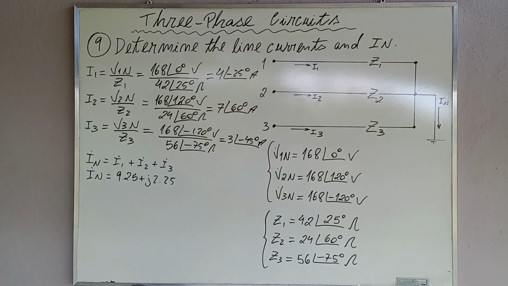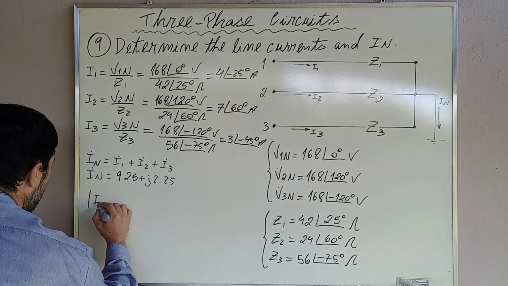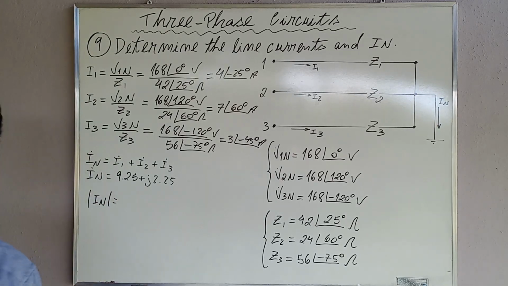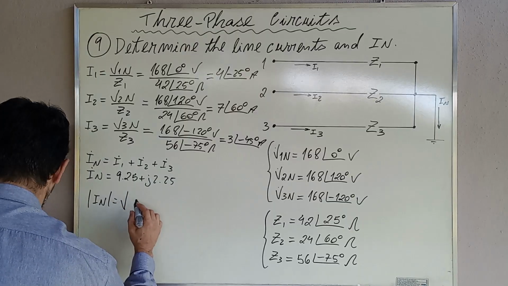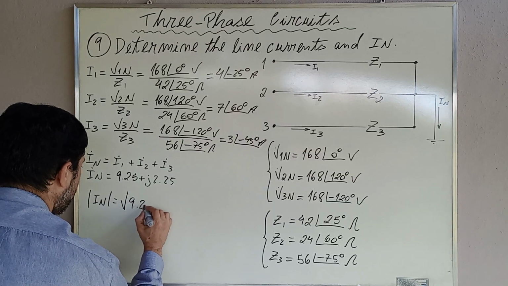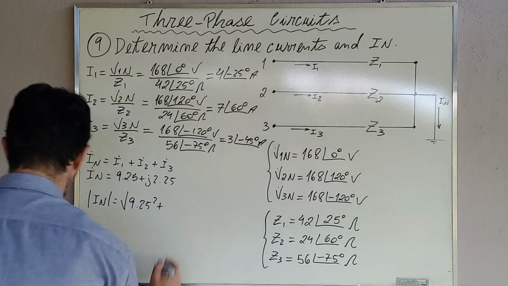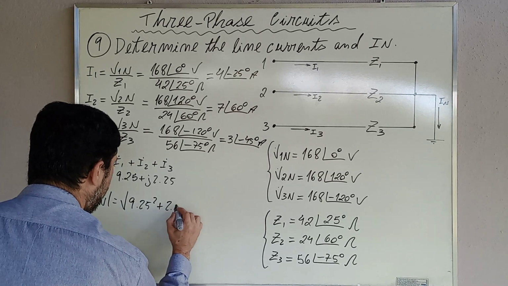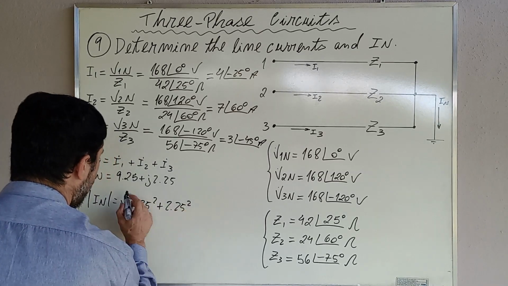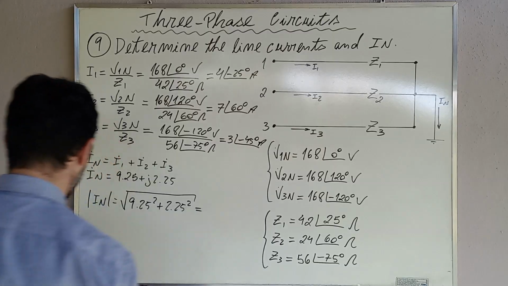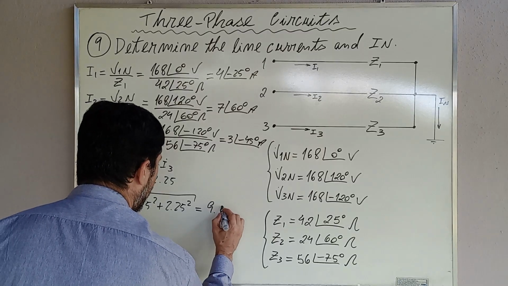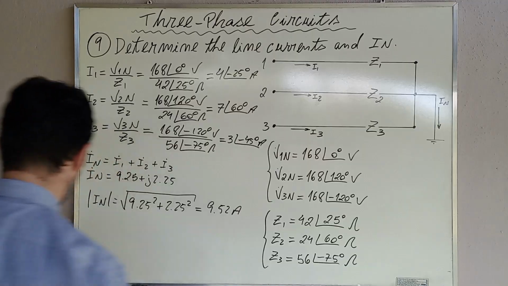Converting to the polar form, the magnitude of IN is equal to the square root of 9.25 squared plus 2.25 squared, and this is equal to 9.52 amps.